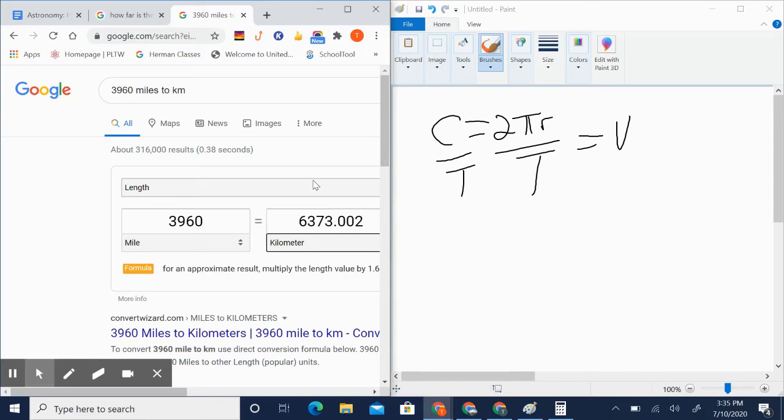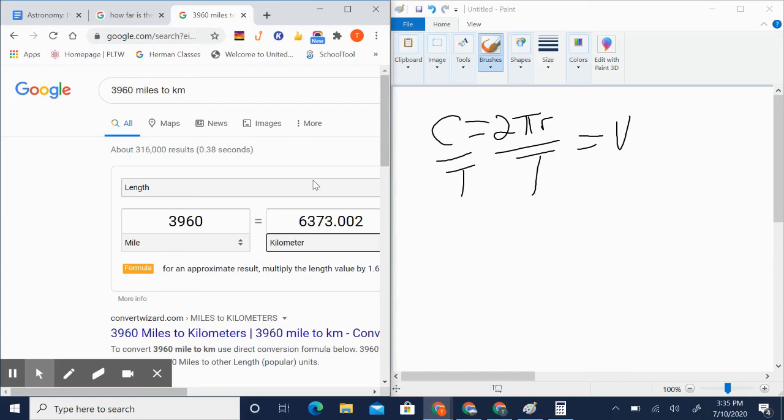This isn't too bad because we're dealing with 6,400 kilometers in that range. If they figure out how many seconds are in a day, they're going to have 86,000 or so. Those are numbers that can easily be put into a calculator. They don't necessarily need the scientific notation. You can ask them to do that if you want it on all problems.